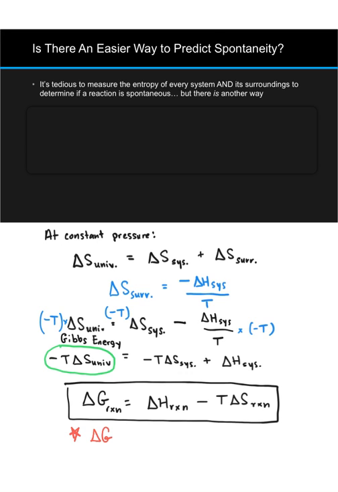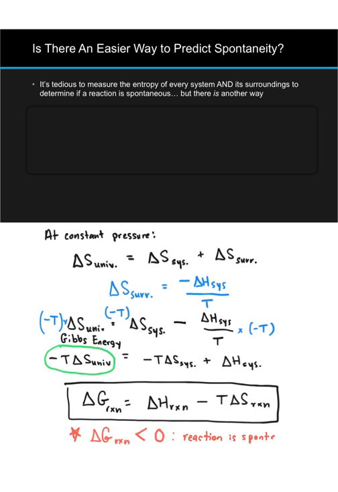Delta G for a reaction when less than 0 means that this whole quantity, negative T delta S, is less than 0. And a negative of a negative means that delta S must be positive. What this ultimately means is that any time delta G for a reaction is less than 0, a reaction is spontaneous.